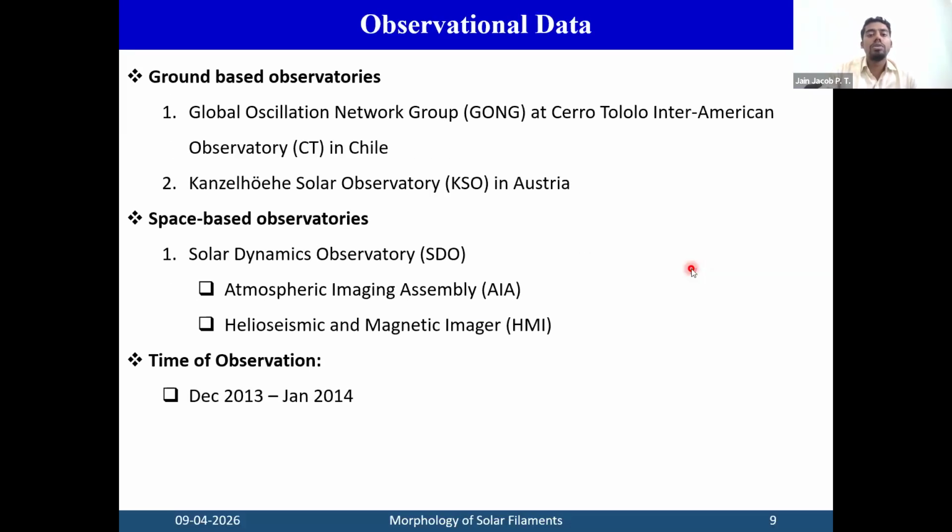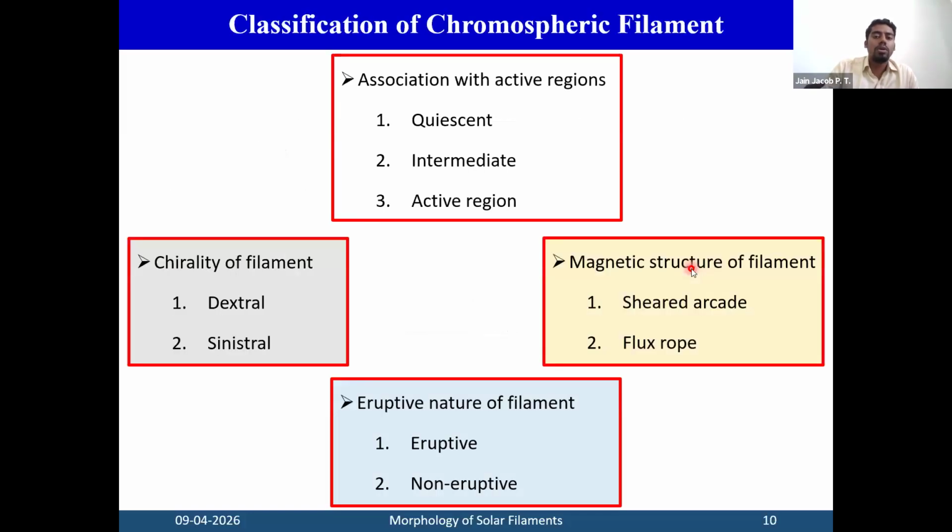For this analysis, we use observational data from a ground-based observatory and a space-based observatory, with the time of observation from December 2013 to January 2014. We classify the filaments in this analysis into four categories.